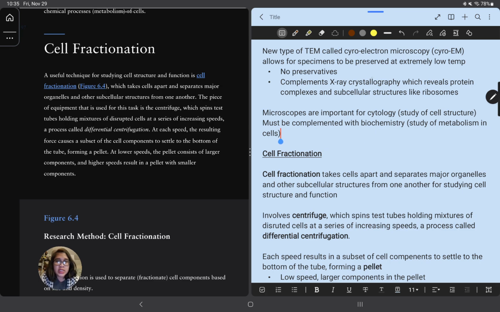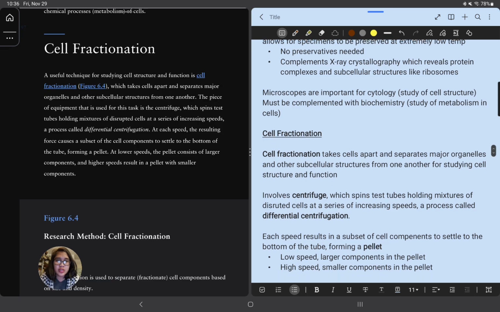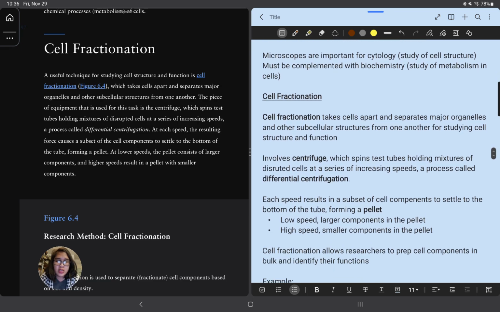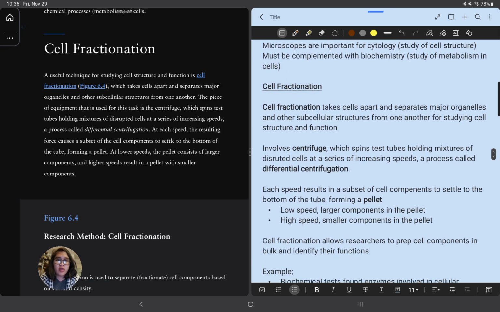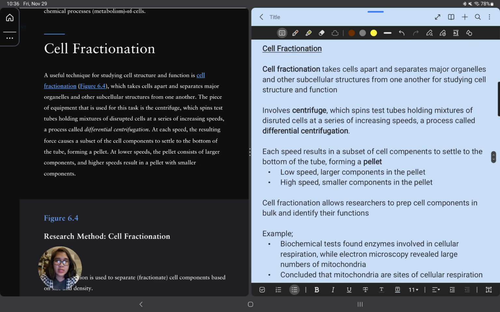No preservatives needed, and it complements X-ray crystallography, which reveals protein complexes and subcellular structures like ribosomes. Microscopes are important for cytology, the study of cell structure, and must be complemented with biochemistry, the study of metabolism in cells.